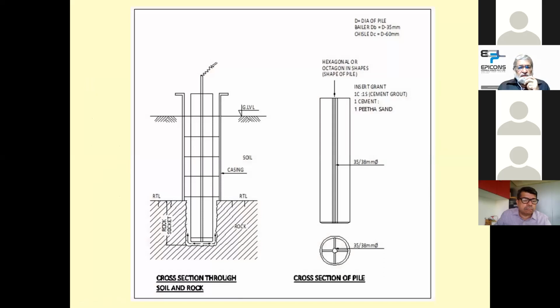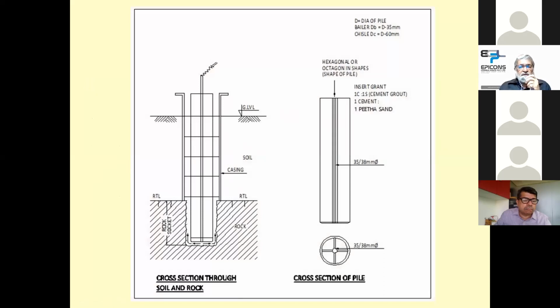This shows a typical sketch or picture. So basically for boring, a similar kind of equipment is used. There is a guide casing and there are further casings. Once we reach a hard, not necessarily hard rock, but rock where we cannot do excavation further, we go up to that level.